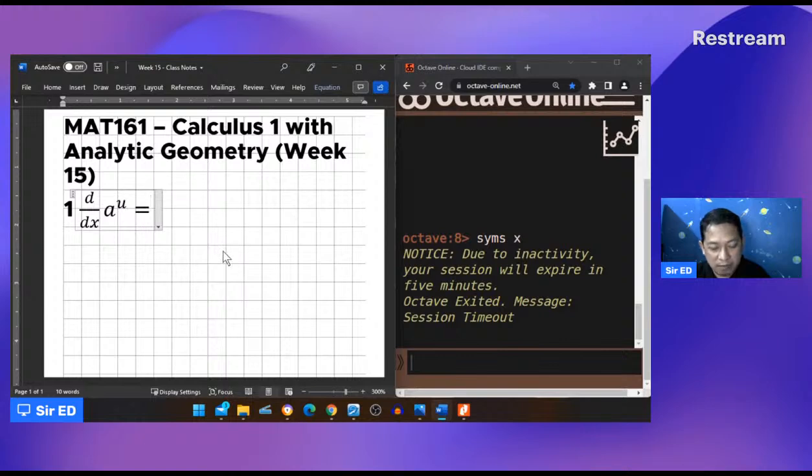Though we don't have much time in deriving this, there are occasions where you may derive. So the answer is derivative of a to the u is equal to a to the u ln a, then du over dx.